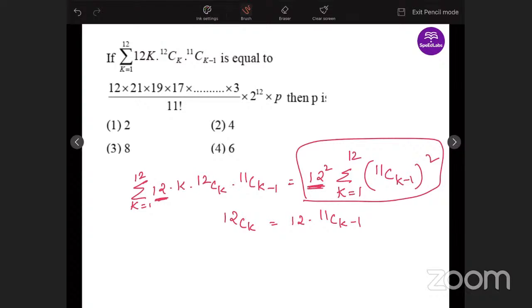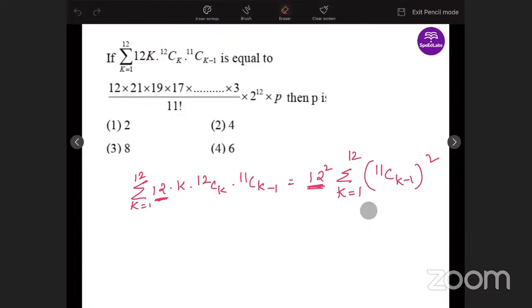Sir, वो k कहाँ गया? Sorry, k भी है, sir. I can write it as 12k into 11 dot Ck. Can I write it like this? Yes, sir. So basically इसको मैं कैसे लिख रहा हूँ? Let me explain. So now I can write this as 12k into 12 upon k into 11Ck minus 1.